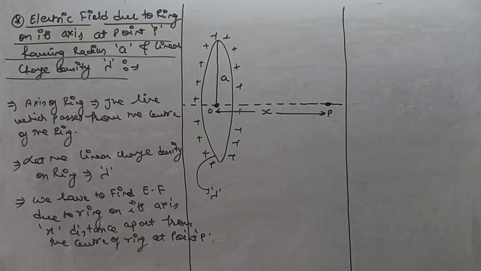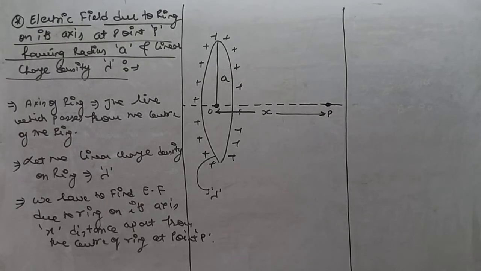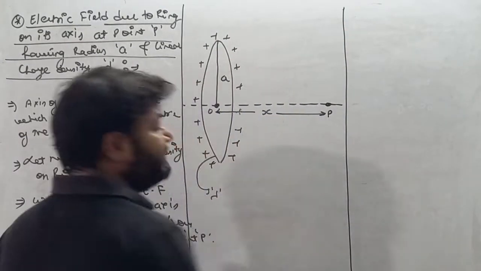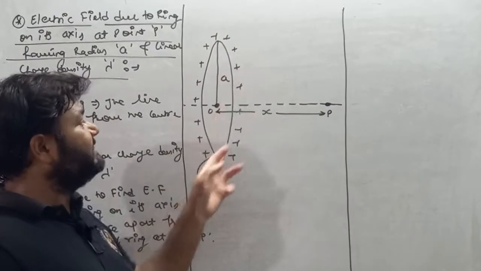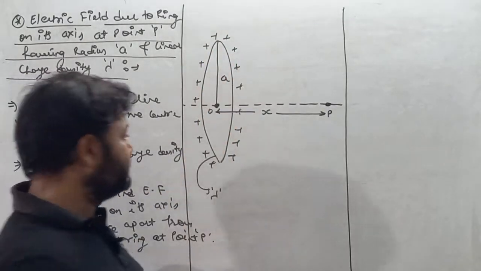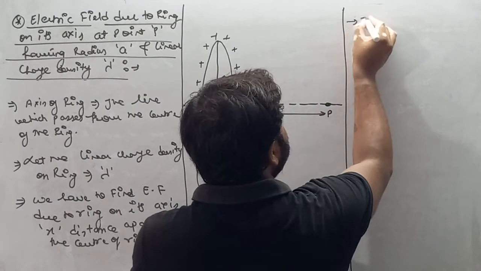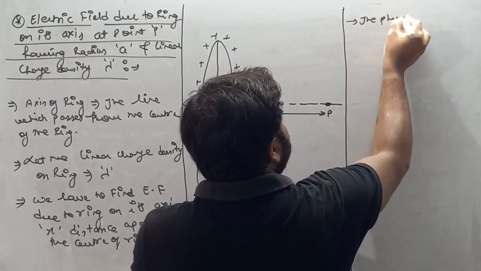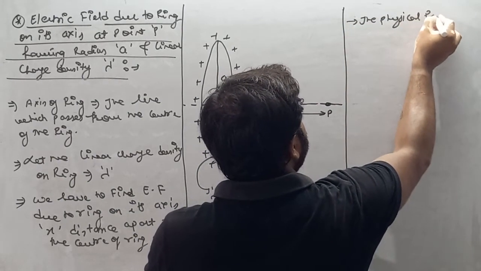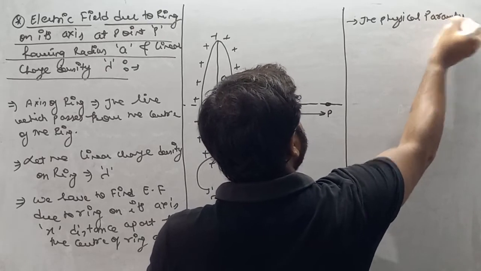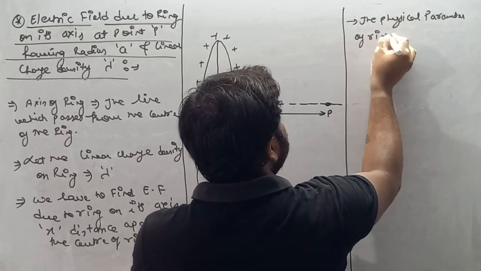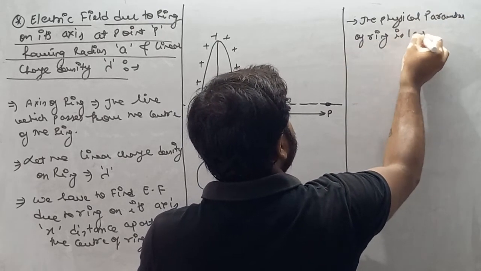Now we know that ring is made up of wire, so if the physical parameter of wire is length, then the physical parameter of ring is also length. I'll write here the physical parameter of ring is length.